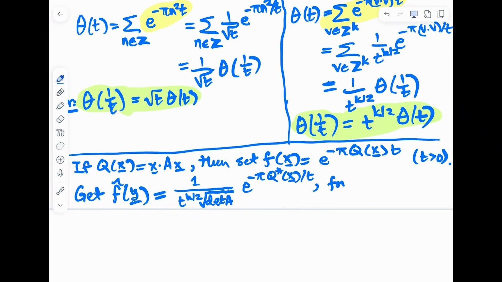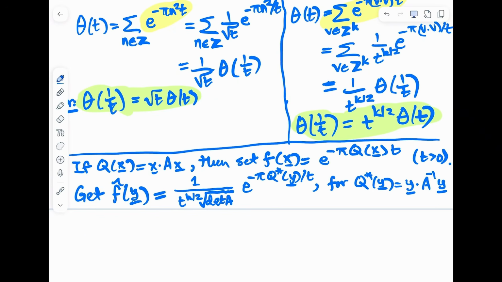I should say my Fourier transform variable was y, not x. And this new quadratic form is just obtained by replacing A with its inverse.